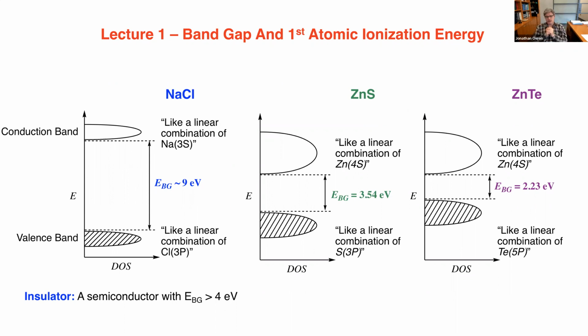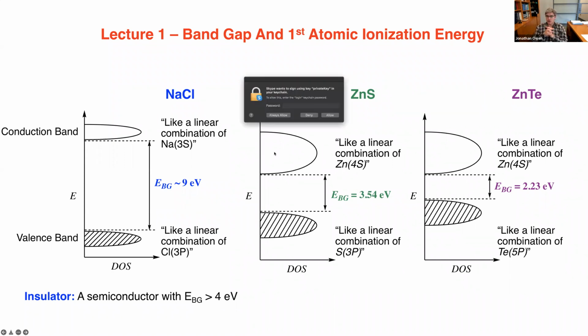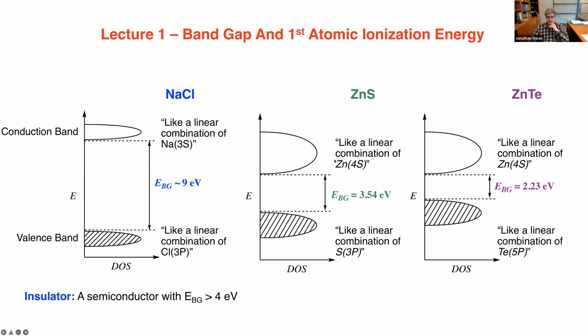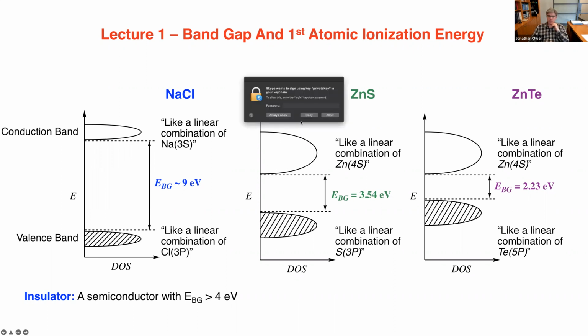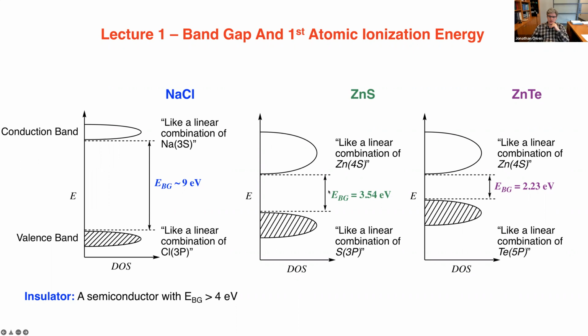And the valence band, the bottom of this diagram, is defined by the sulfur 3p orbital combinations. Now, it's a linear combination of both elements, but the conduction band is zinc 4s like. And the band gap that you get, again, is related to the difference in energy between the zinc and the sulfur.